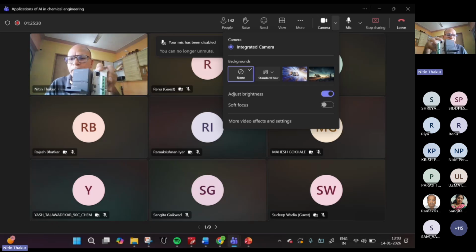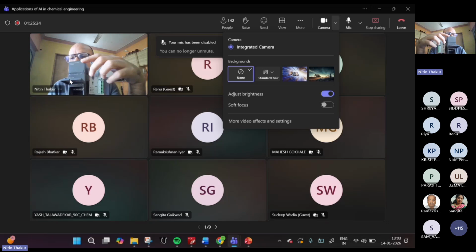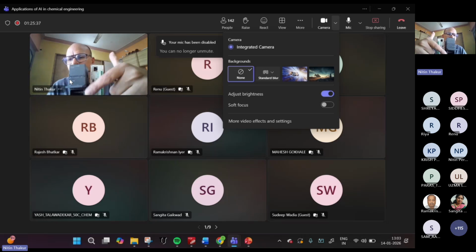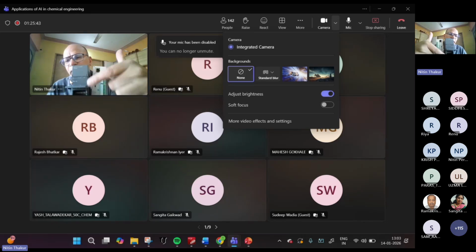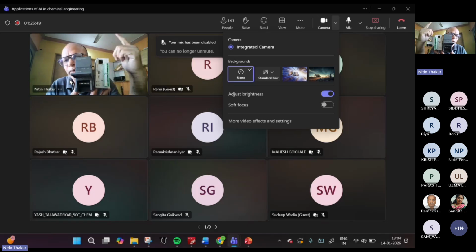Now one thing I want to add here is that even the electromagnetic flow meter that we have is also connected to this PLC only. And even that data goes to the cloud. So like that, all the data is going to the cloud.